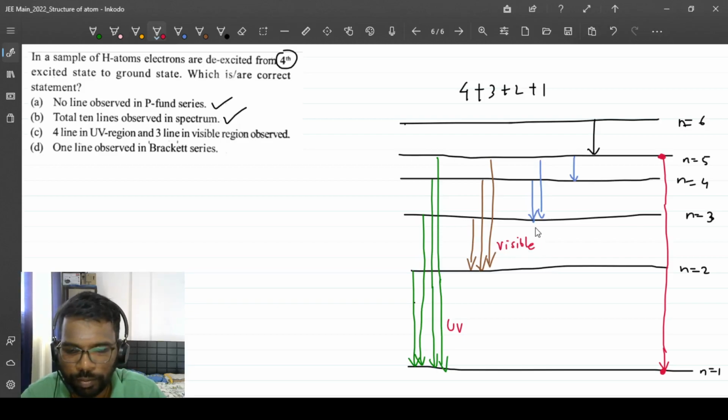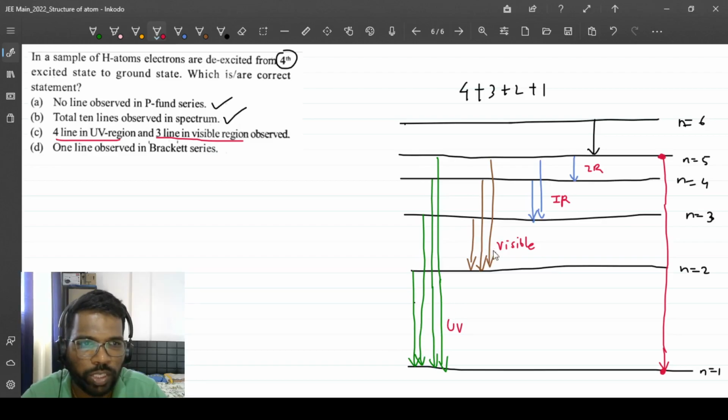Then Paschen and Brackett are in IR. So 4 lines in UV, and 3 lines in visible. UV has 4 lines over here, and visible has three. So this is also a correct statement.